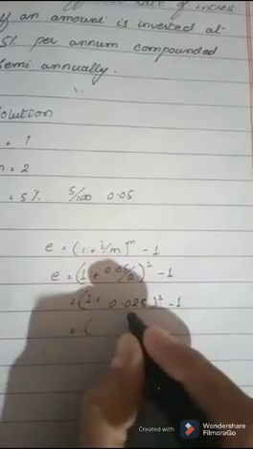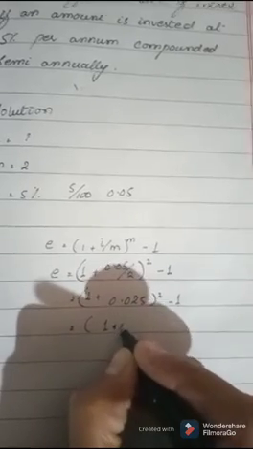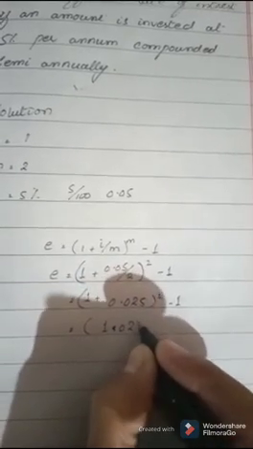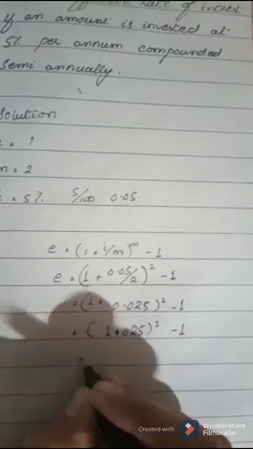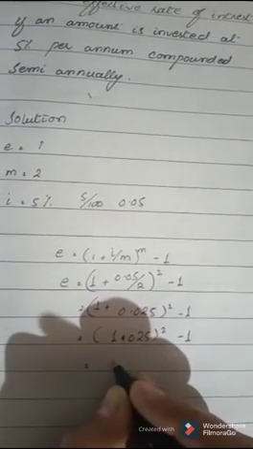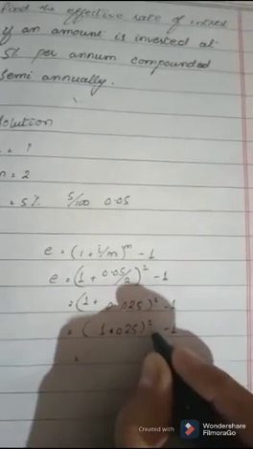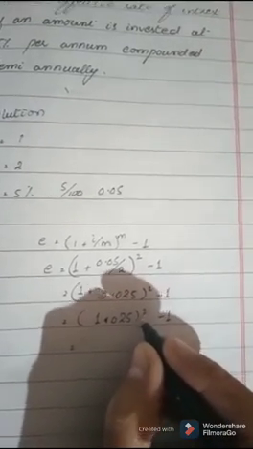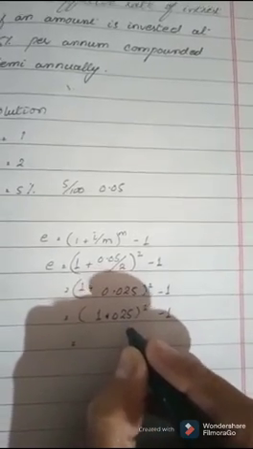So by adding with 1, we got 1.025 raised to the power 2, minus 1. 1.025 raised to the power 2 means we are multiplying the value 1.025 two times.